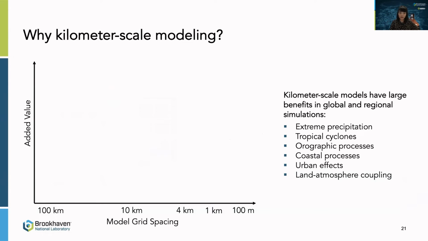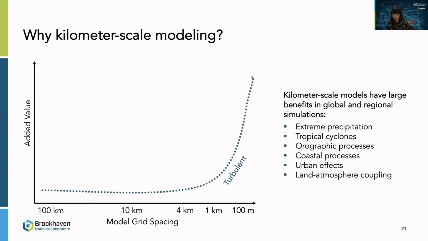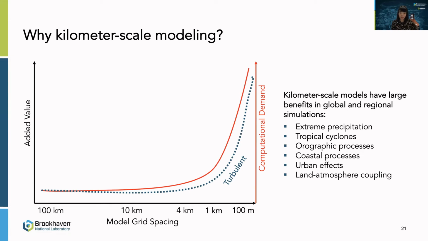As we know, as we go to higher resolution, we tend to better resolve the turbulent motion with the models. And this is very important to better simulate convective dynamics. But at the same time, you also increase the computational cost, especially when you get down to LES scale. And sometimes this can be very painful to handle.